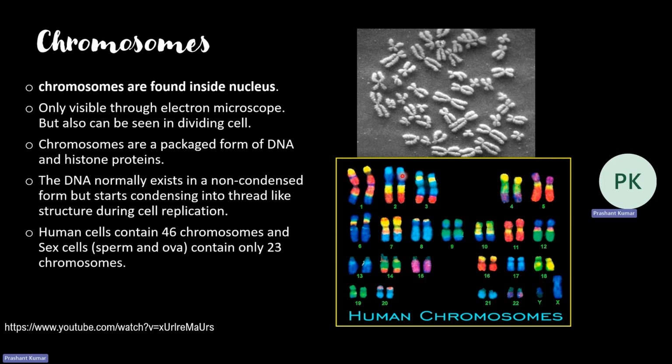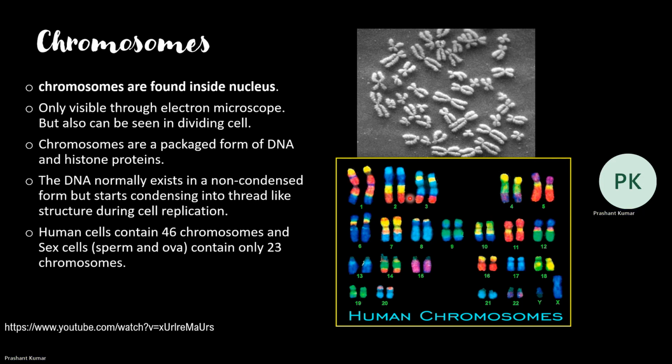You can see the chromosomes through an electron microscope, but they can also be seen in the cell when they are dividing. Normally when the cell is not dividing, at that time this genetic information is present in a thread-like structure.